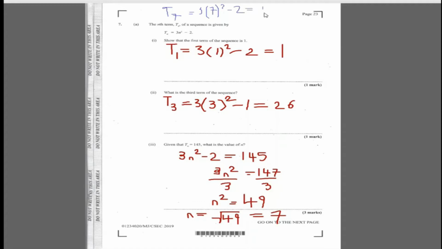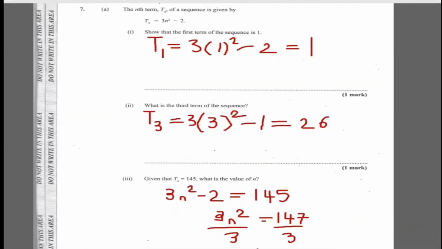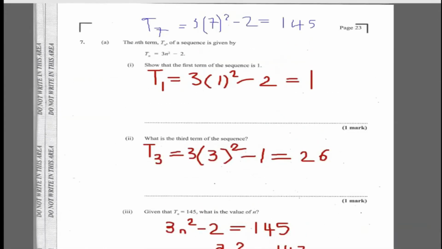So you know you're right, and you can say yes, I'm right. So indeed, n is equal to 7. No problem with this question. Nice and easy.